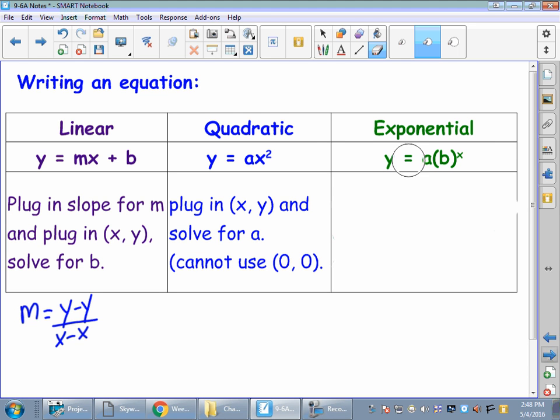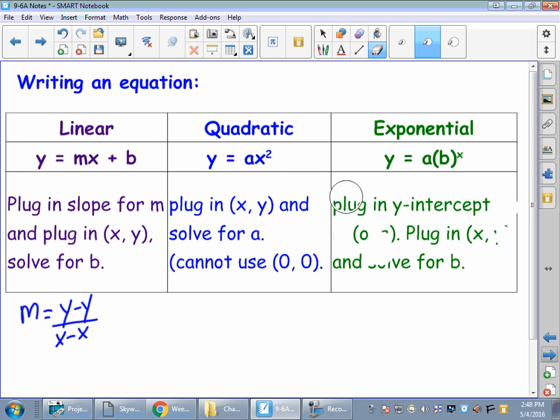And for exponential, if you figure out the data represents exponential, your brain needs to be thinking in terms of y equals a times b to the x. And so I put this here. This is one way, and I'll show you another way too. If the data gives you (0, a), you have the a value, you can just plug it in.